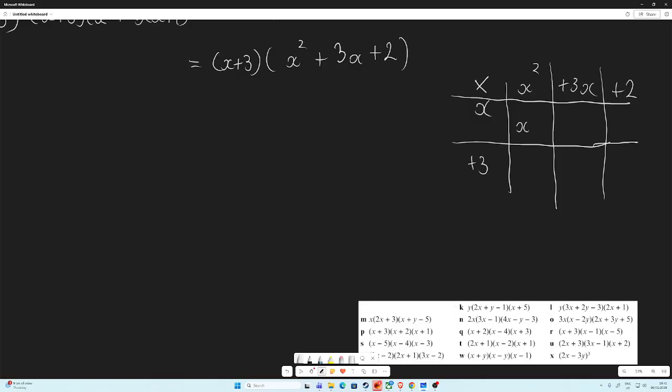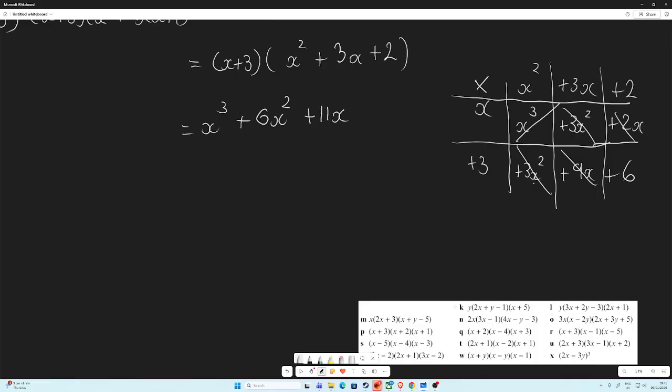So x cubed plus 3x squared plus 2x plus 3x squared plus 9x plus 6. So the answer is x cubed, I can't get rid of that, plus 3 and 3, so that's 6x squared, 9 and 2 is plus 11x plus 6.